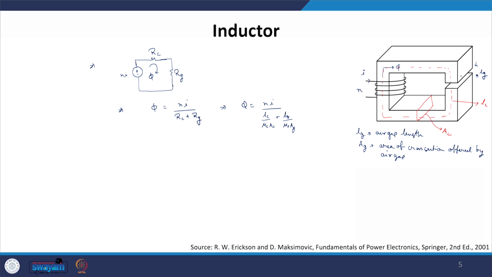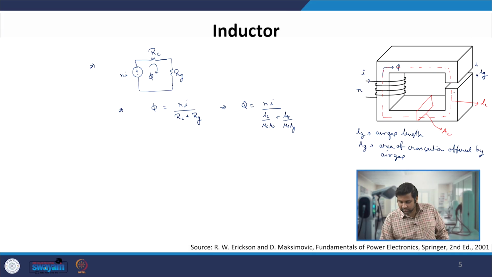Here we assume that the flux coming through will cross this air gap and get into the core. However, there is some flux which fringes out in this manner, and that is why my Ac is nearly equal to Ag, but Ac is not equal to Ag. These two terms are nearly equal but not exactly equal to each other.